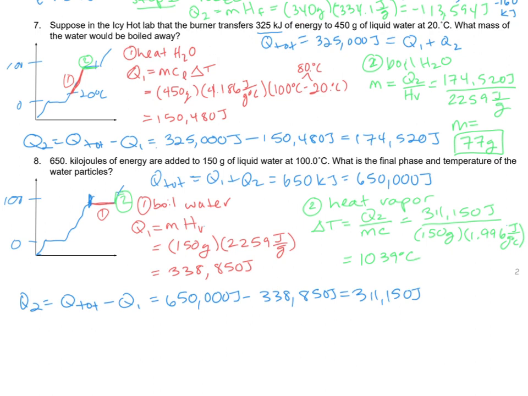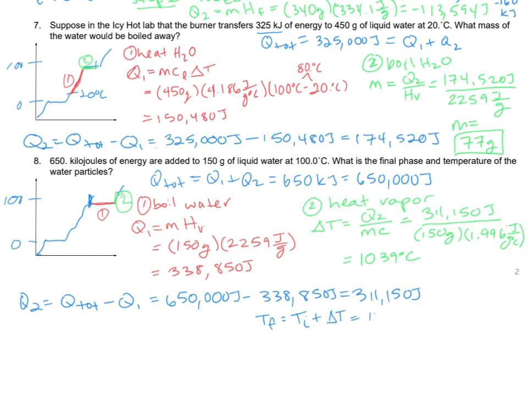The reason that's not the last step is because that is the change in temperature, but the question asks what is the final temperature. So we started, if you recall, at 100 degrees. So we have one more step. The final temperature is equal to the initial temperature plus the change in temperature.